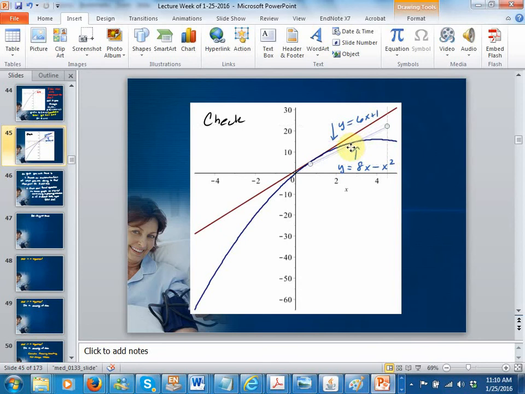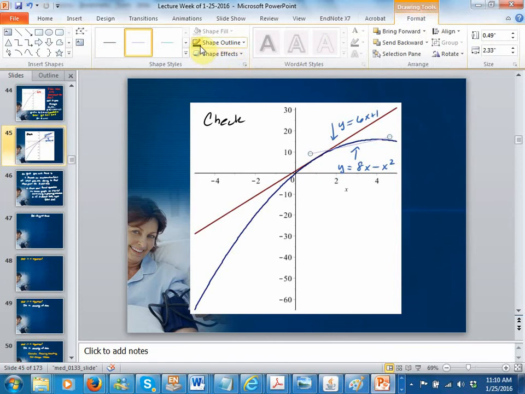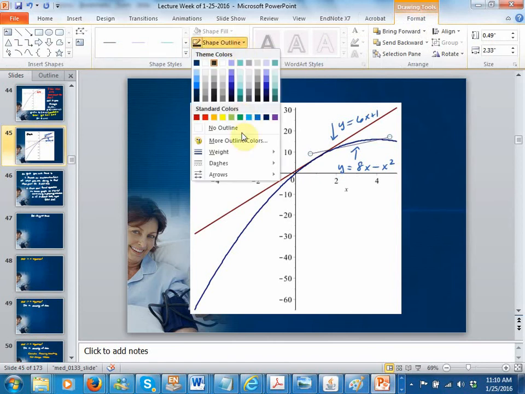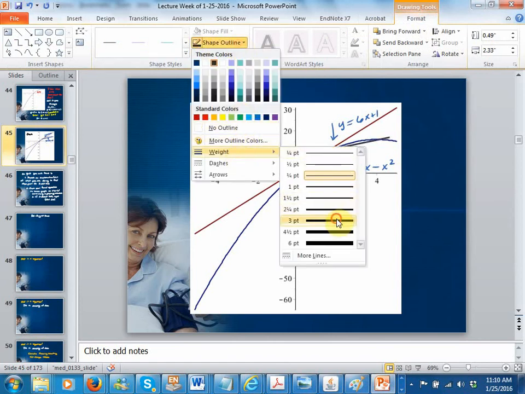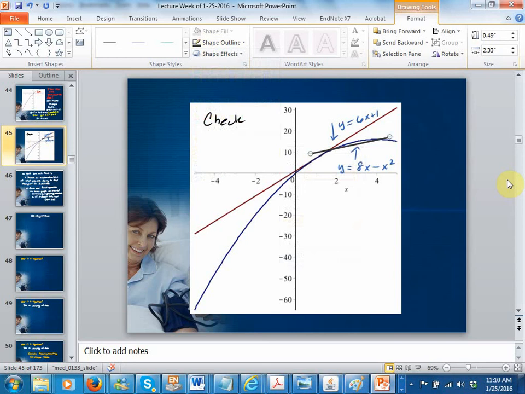I'm exaggerating it a bit, but if I took it out at 1 and I connected 2 dots on the curve, it's not exactly right. So if I took just 2 points, that secant line, that first black line, is not exactly the slope of this line. But if I make the second point closer, it gets closer.